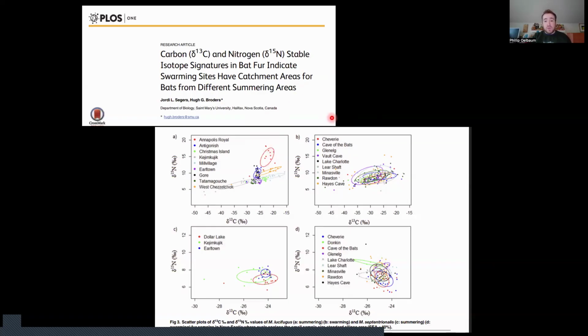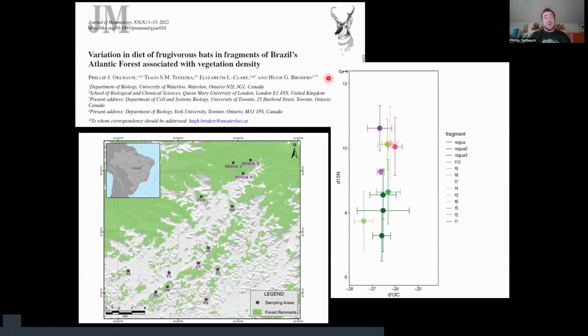And then at autumn swarming sites, when they come back together, we're still able to determine where these bats have come from. So it's all very context dependent. Looking back at the same species I was talking about earlier, Artibeus lituratus and Carollia perspicillata, in the Atlantic forest of Brazil, it's also context dependent in a smaller area.